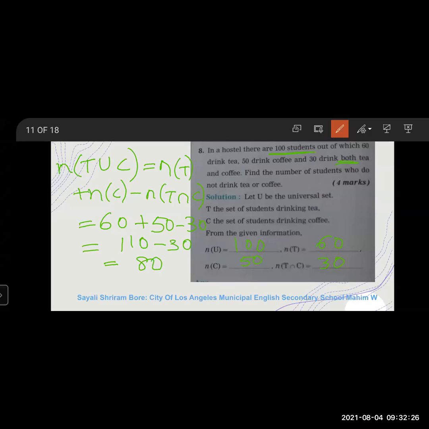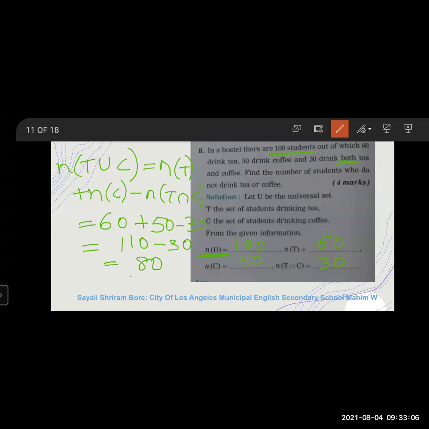Now if you observe carefully, students, they have given the total number of students, and that's why we have taken it as n of U, the universal set, the total number of students. They have not told us, like in the previous one, that none of the students failed in any of the subjects. So here T union C we can't take as 100; we have to find it out.